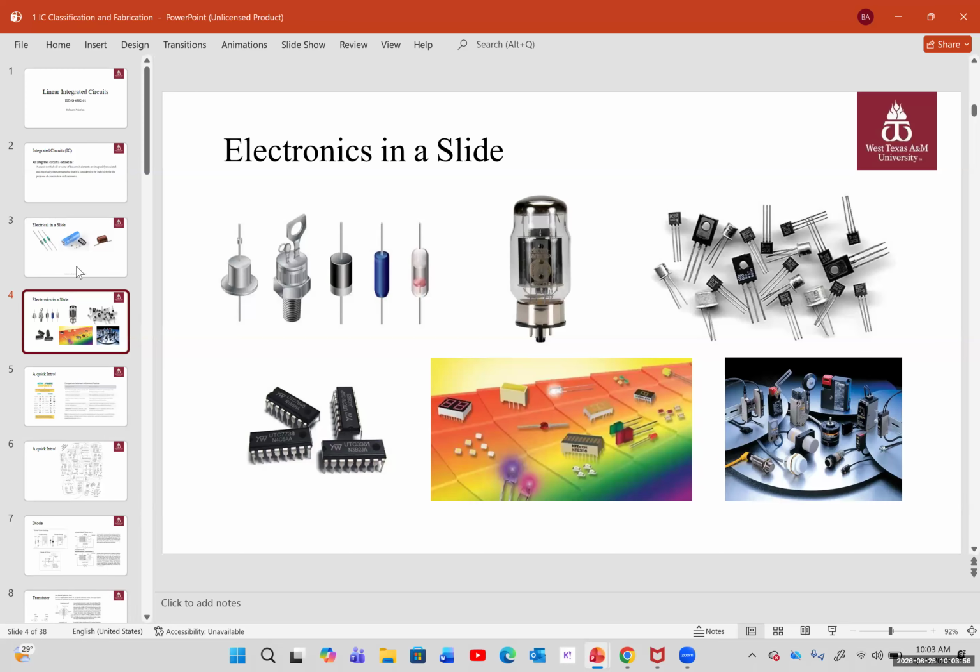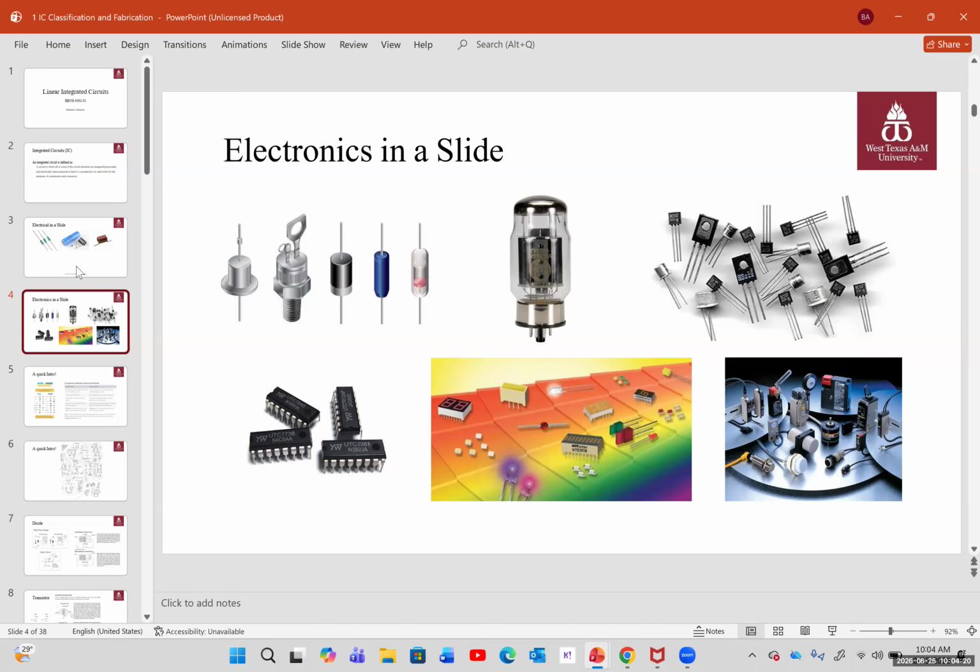Now, from the top left, you can see some examples of diodes. We have different types of diodes, even an LED, light emitting diode, which is in some screens. And we have power diodes, signal diodes, and so on. We have vacuum lamps, which are an older generation of transistors, in the top middle.